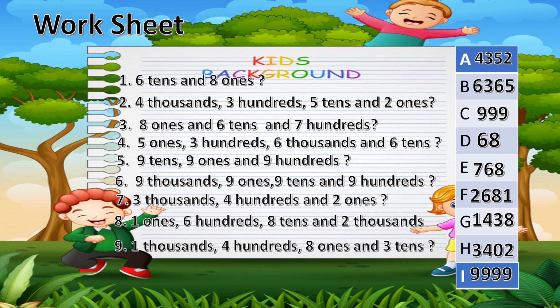You see that A, B, C, D, E, F, G, H, I. You're going to find the answer here on the right, and we have a statement here on the left. Okay, now I give you 1 minute and a half for this one, and you're going to look for the answer on the right. If you could not, just pause the video so you could continue. Okay? Now start.